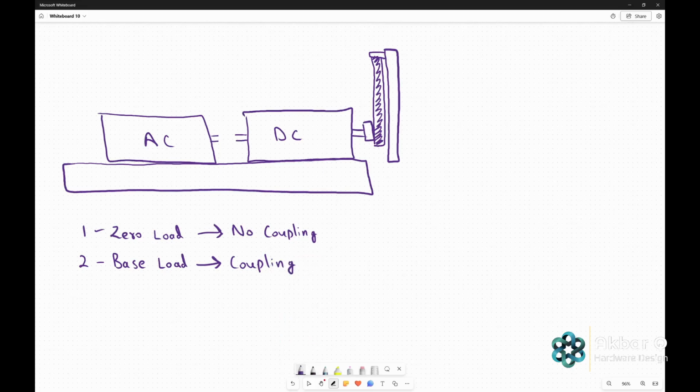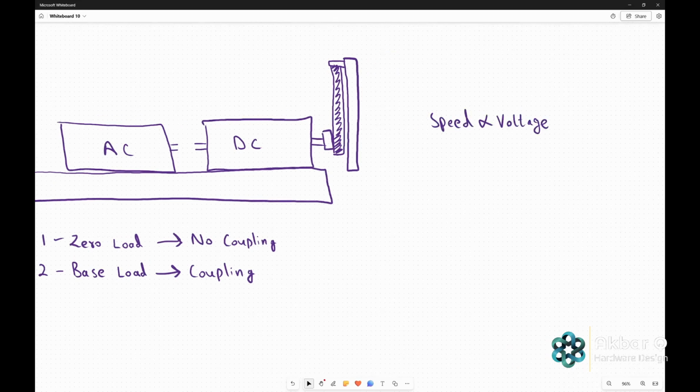The zero load characteristics are achieved by ramping up the motor and then measuring it at different voltages. Speed is proportional to the voltage that we apply to it. Speed being proportional to voltage, we will create a data set by ramping up the speed and then measuring how the motor performs.